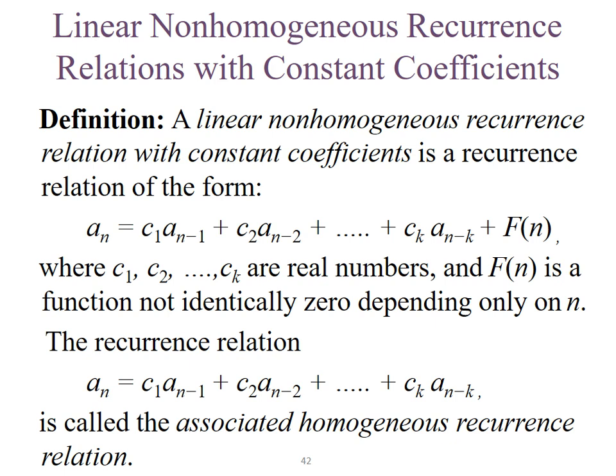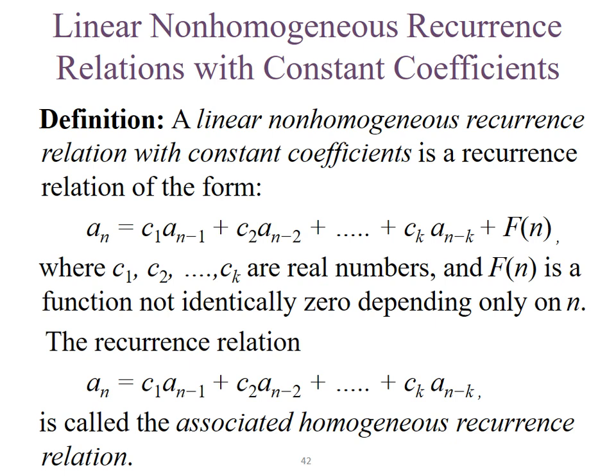A linear non-homogeneous recurrence relation with constant coefficients is a recurrence relation of the form c1 times a_(n-1) plus c2 times a_(n-2), but we have something different in the end. We can write f(n), that is a function of n, in different forms. For example, f(n) can be 2 to the power of n, it can be n cubed, or other forms related to n.